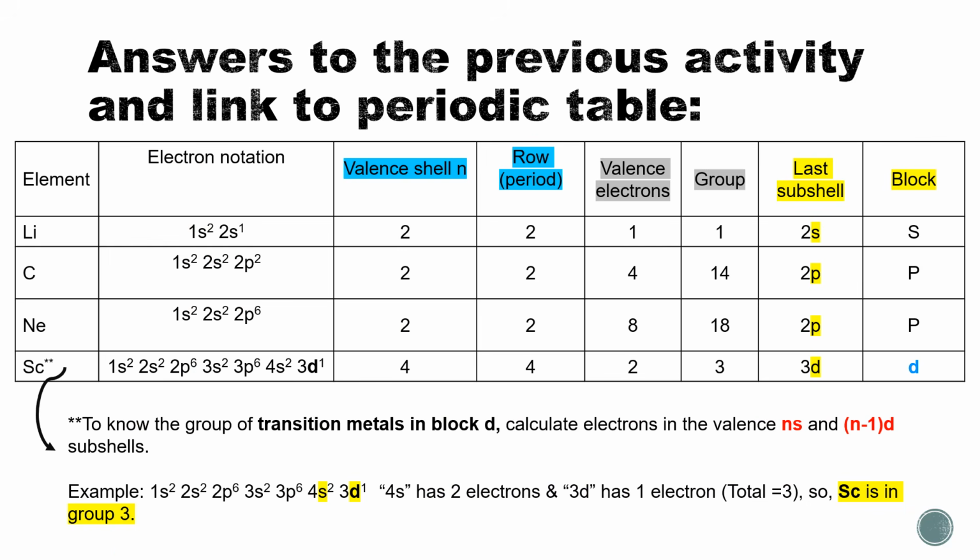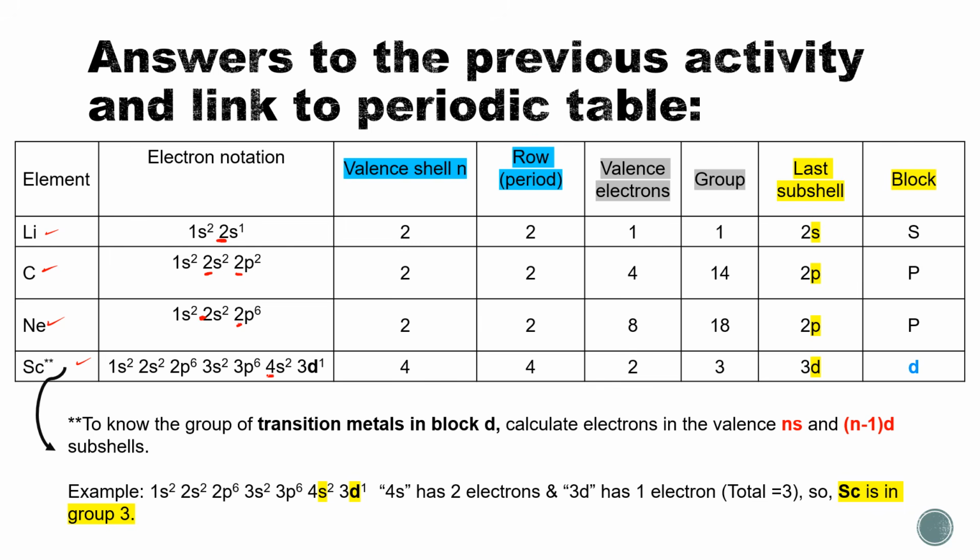Okay, so hopefully you were able to write the electron notation for lithium, carbon, neon, and scandium. They are here. You can check your solution. Now, what about the valence shell or valence energy level? Here it's 2. Here it's 2. Here it's 2.